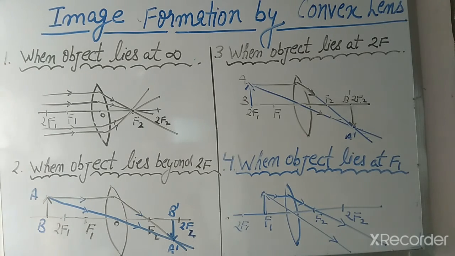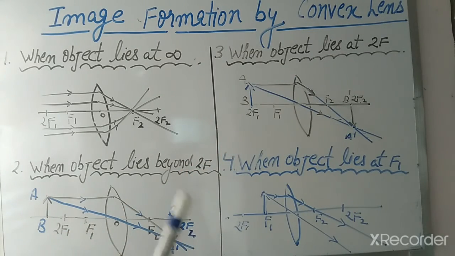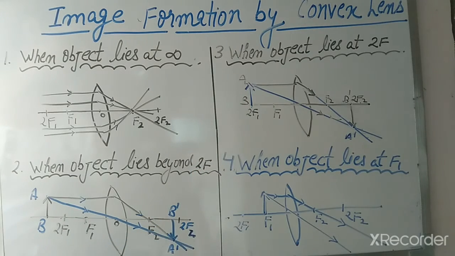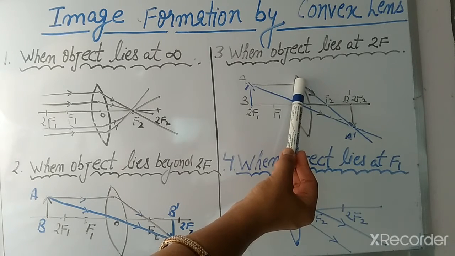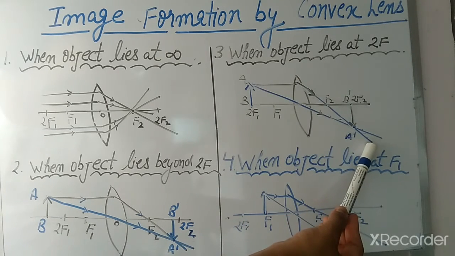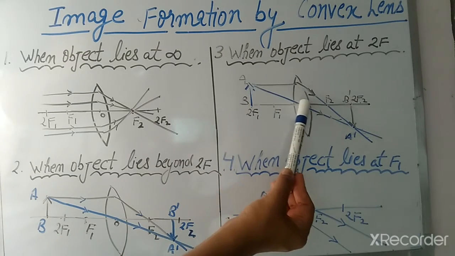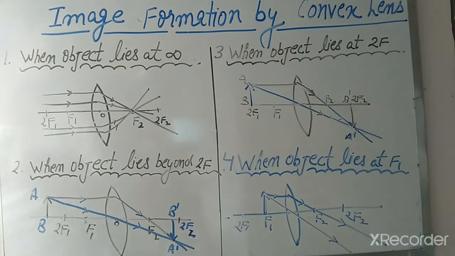Now another case is when the object lies at 2f. Now our object is at 2f. Same situation: first, a parallel ray goes and passes through the focus, right? And another ray passes through the optical center, and the two rays intersect at point A dash.